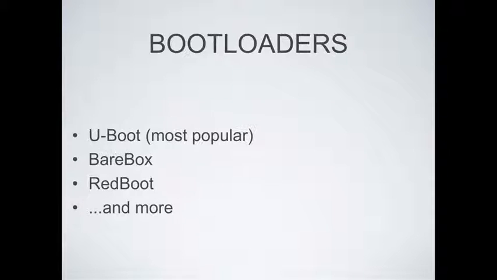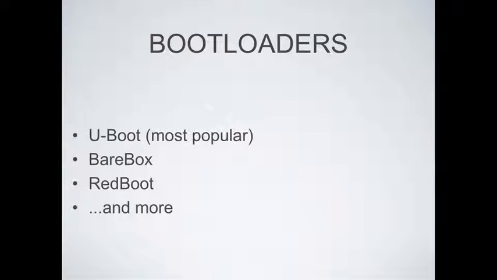Moving on, what type of bootloaders you may come across when you're looking at embedded systems. U-boot is the most popular. A lot of these systems, or the routers we look at, are based on U-boot. Barebox is basically U-boot version 2. It's the workaround solution for the limitations they found in U-boot.